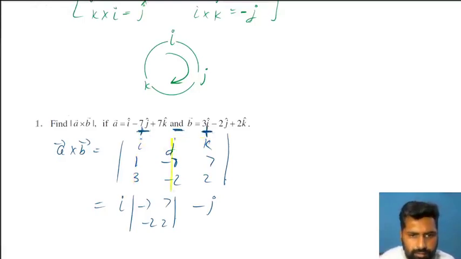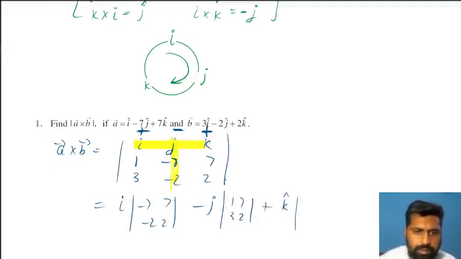Then you do it with j. So j, determinant of 1, 7, 3, 2, plus k you have to open, and that is with the same process as for j. You leave this column, you leave this row.